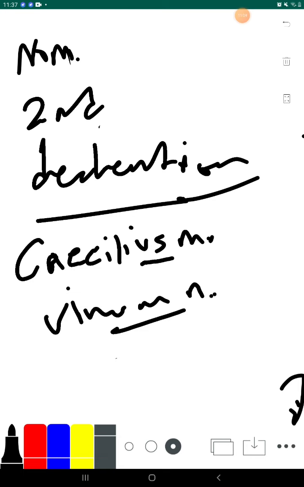Neuters end with UM and are different. But masculine ends with US, and they're pretty much the same. They're usually a bit different from neuters, but they're similar in certain ways.